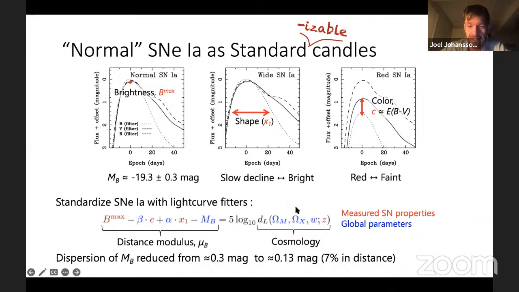And you can use that then to constrain cosmological parameters, this luminosity distance, DL. When you do this, you can, in principle, get 7% precision on distance measures to any individual supernova.